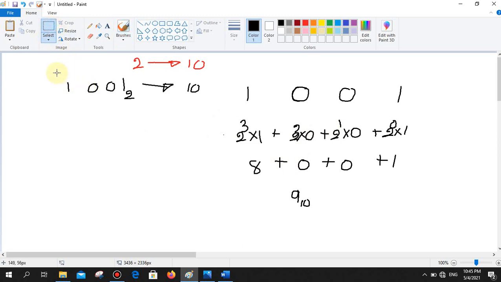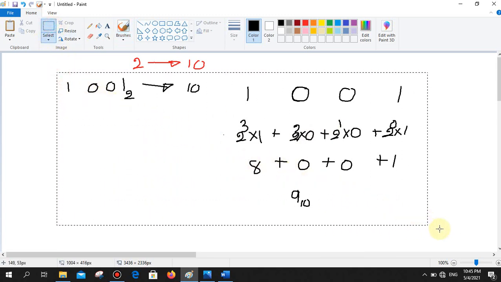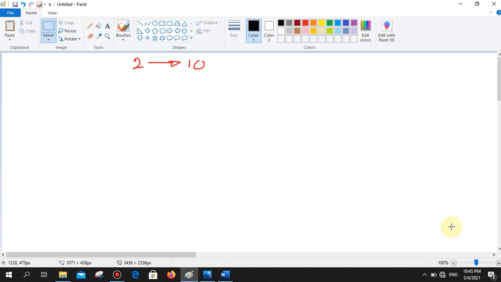Okay, we'll try out another number. Right, the next number is 1101 base 2. I will write the value by keeping a little bit of space.